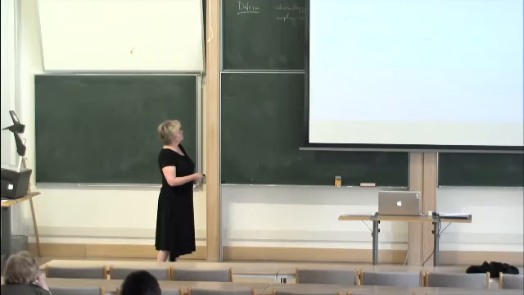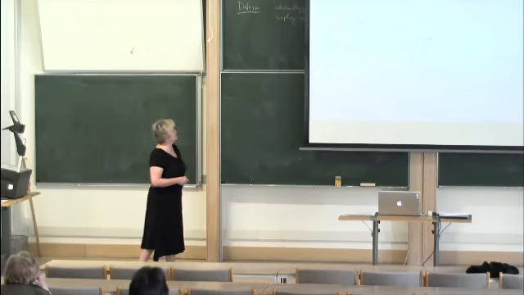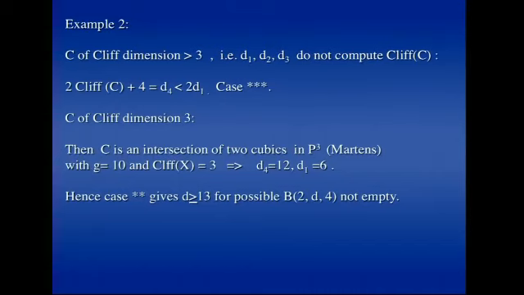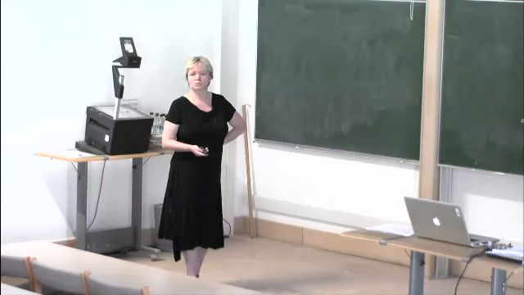And again, you get degree equal to 12 in here. So in this particular case, because this locus is not empty, by the star we get all possible stable bundles non-empty when the degree is bigger than or equal to 13, because the condition was that the previous one has to be non-empty. So from Martens' construction, you have this condition satisfied.